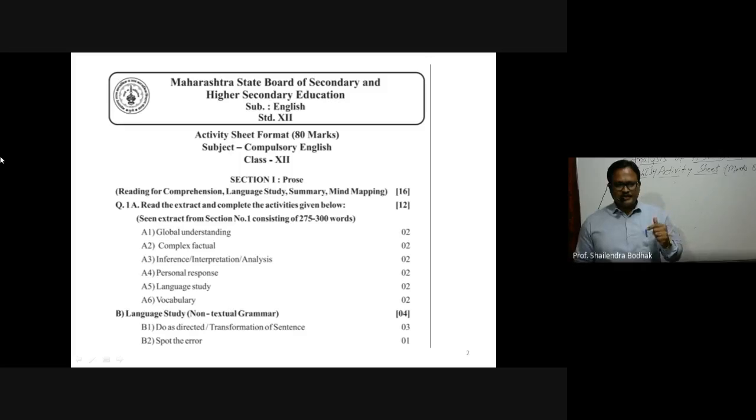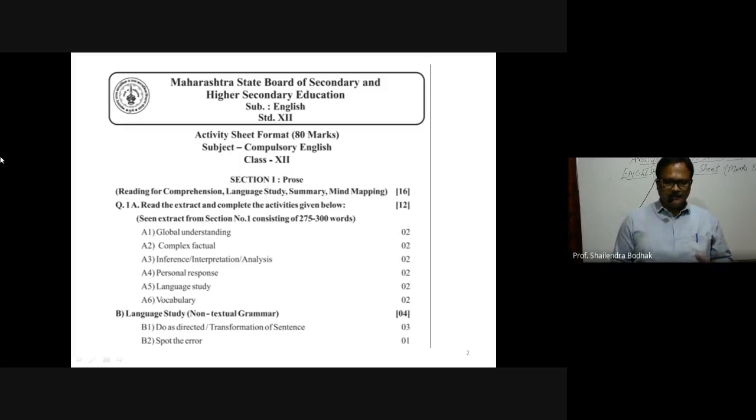Then we move on to next, that is activity 5, that is language study. Now in language study it will be textual, extract grammar. They may ask you grammar sentences. So in language study, two activities will come of 1 mark each. Okay. Then pick out the correct alternative.